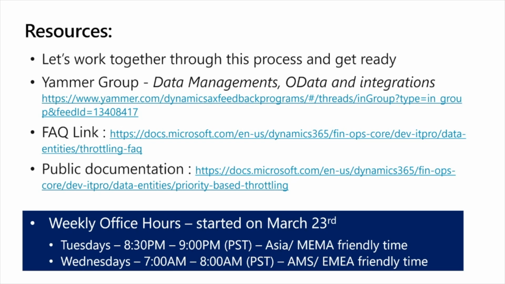Those are ongoing conversations that we have internally with these various service teams, so that they work with us to help mitigate any throttling scenarios that may be experienced in the future. But as of right now, many of these internal services are exempt from getting throttled, so you don't have to worry about them. Just focus on your OData endpoints and custom services by setting relative priorities for them.